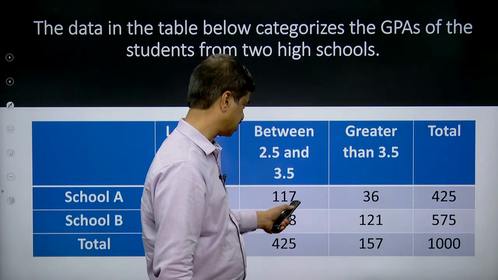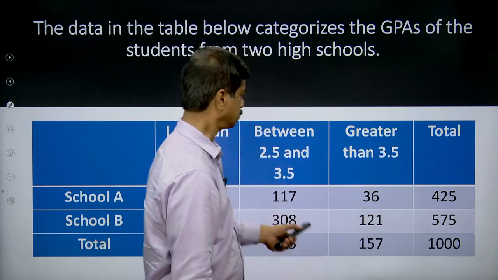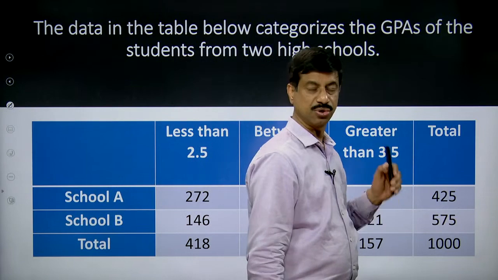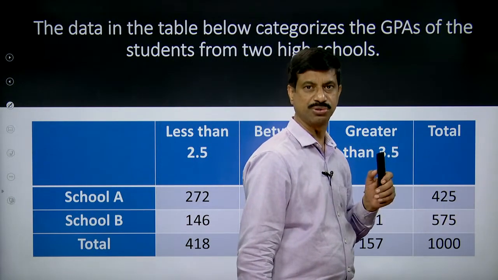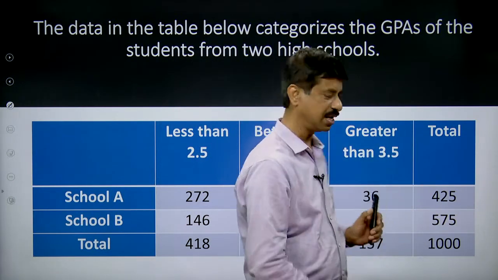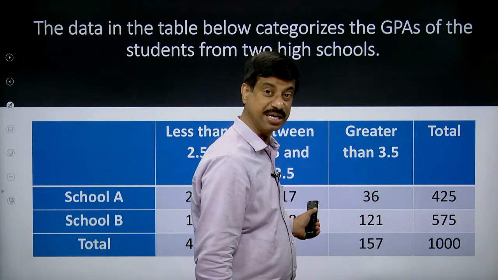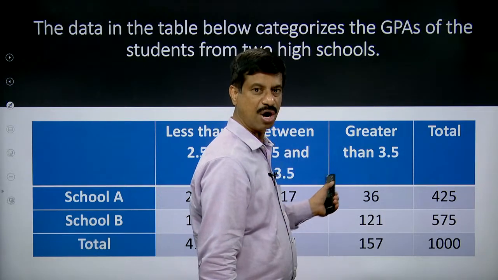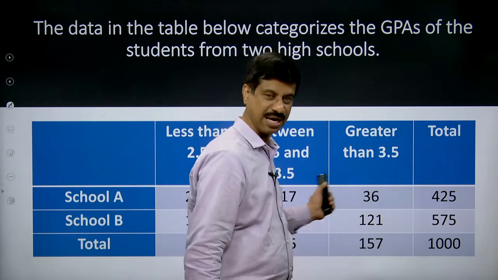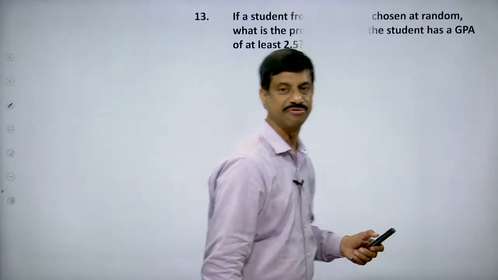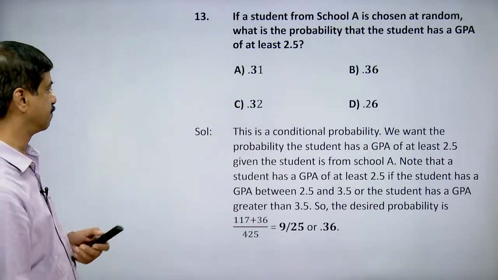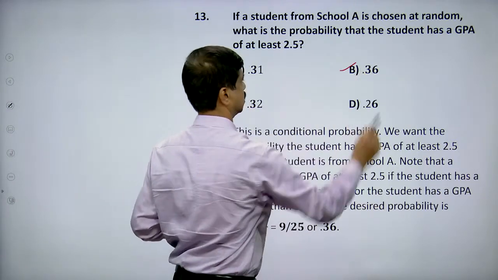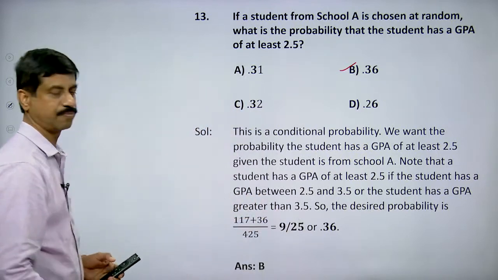Minimum 2.5 means 117 plus 36 by 425, because only school A he talked about, he did not talk about school B or a comparison between A and B. So school A with at least 2.5 means either between 2.5 and 3.5 or greater than 3.5, divided by the total in school A. So that is the ratio you need to take. So 117 plus 36 by 425 which is 0.36. Right children, please note it fast, quick.